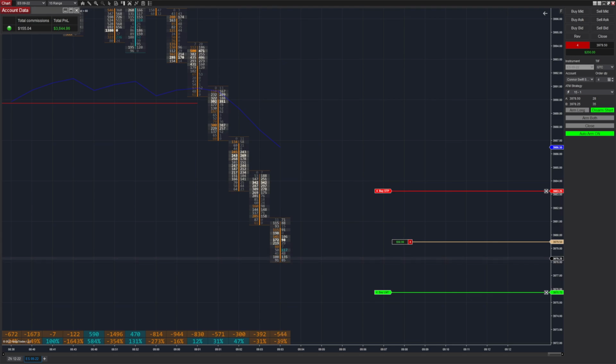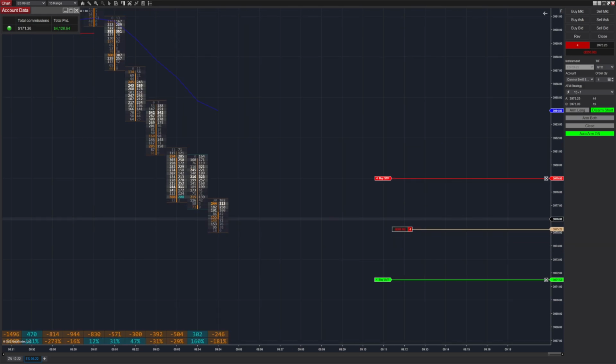Looks like auto arm pushed us into a short trade there on this massive correction. Very swift back-to-back trade there.